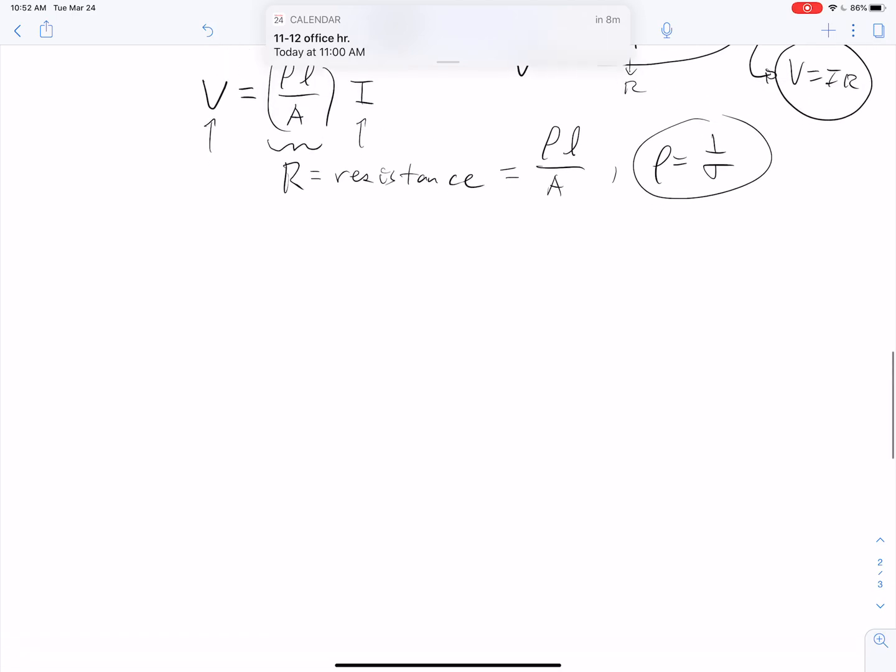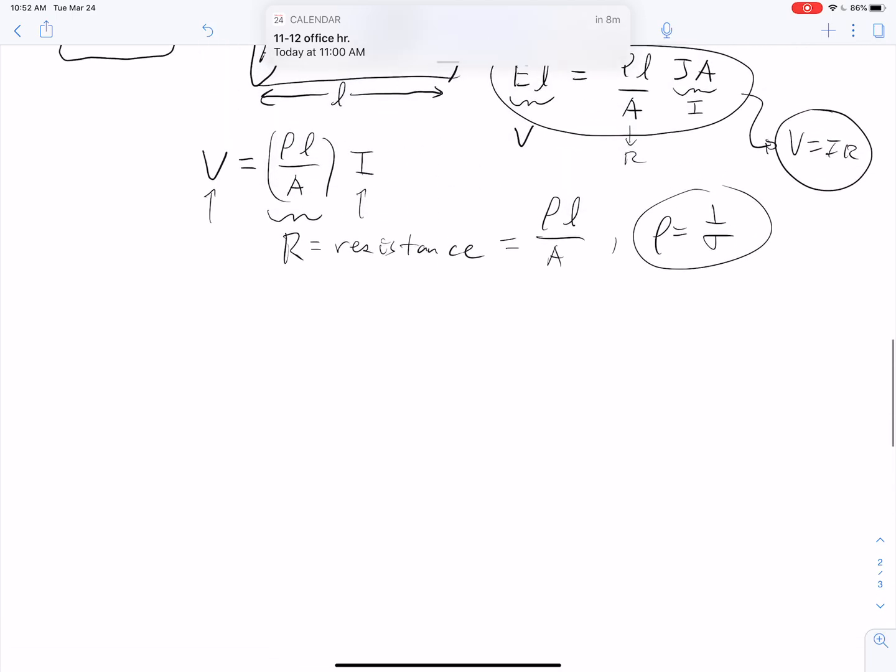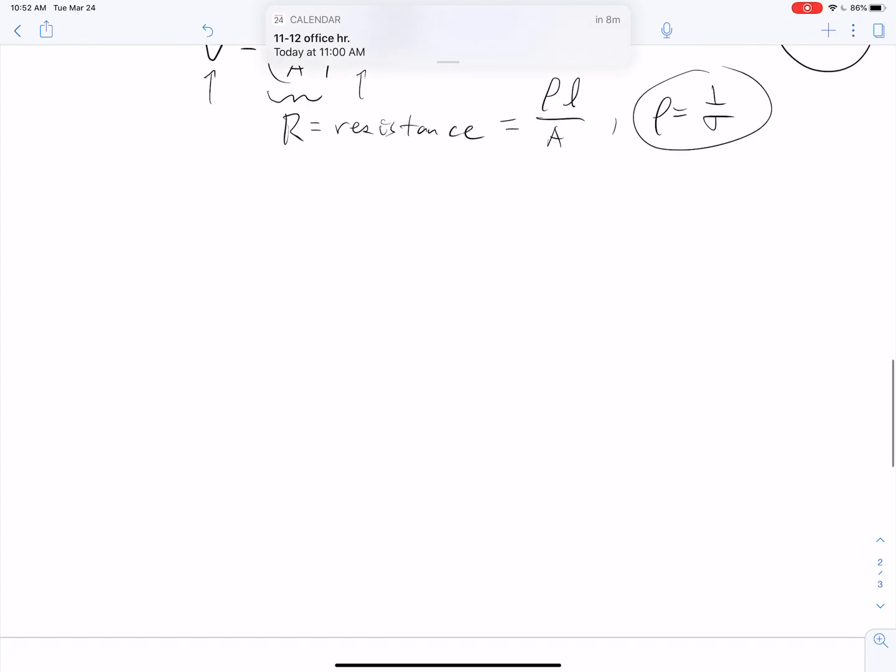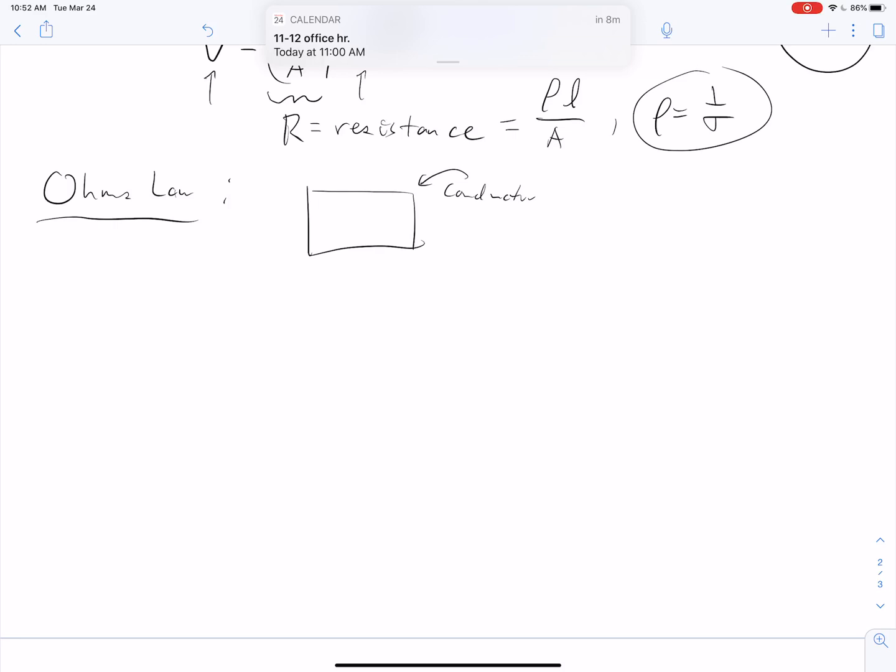Now let's think a little bit more about the result of Ohm's law. This is how you should be thinking about it. Basically, from Ohm's law, we see that if I have a conductor, if there's some J flowing through the conductor, then there's also an electric field in the conductor.